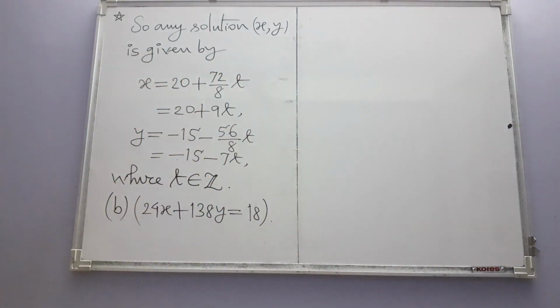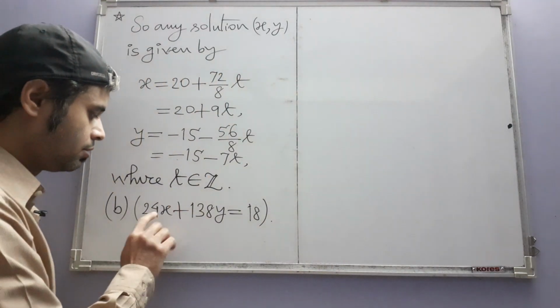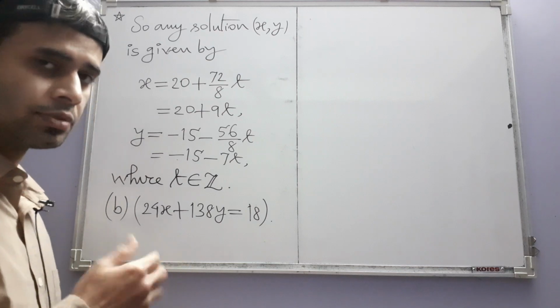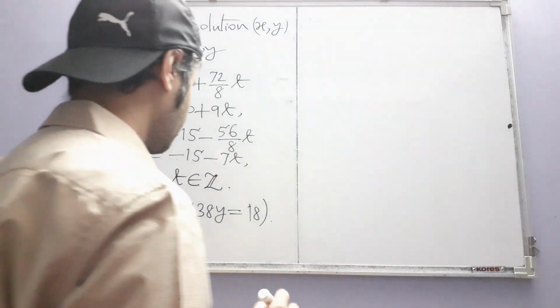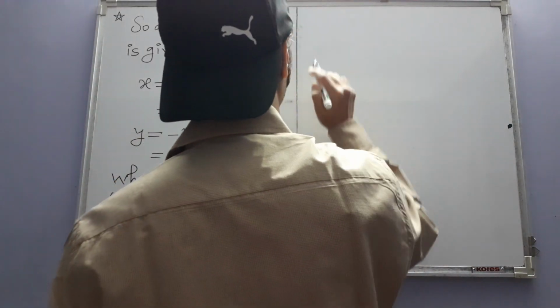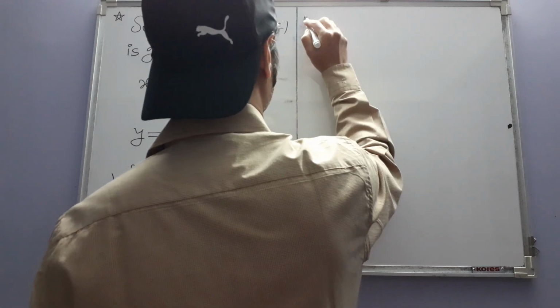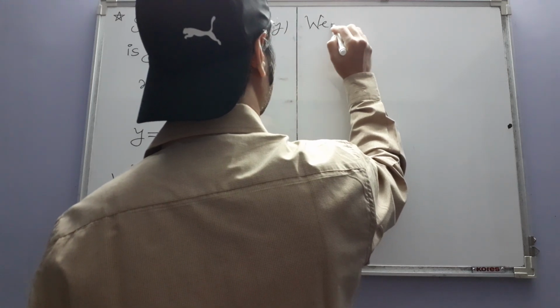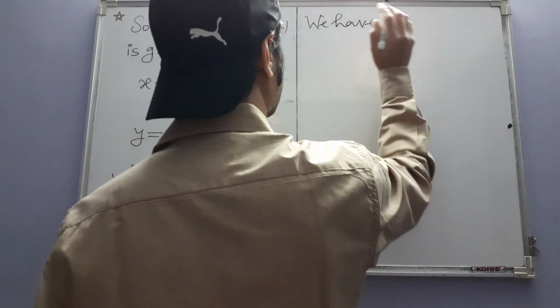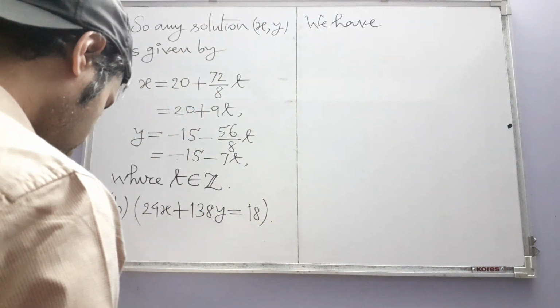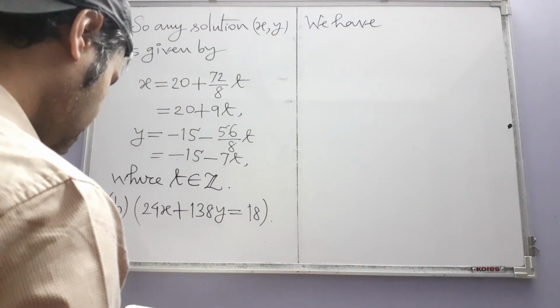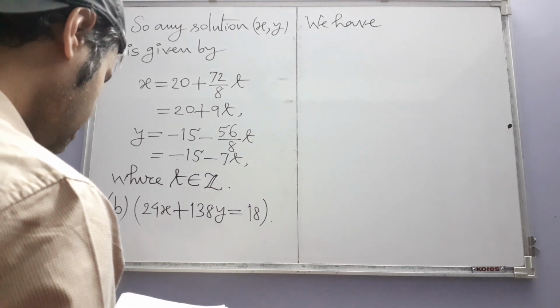So just like before, we first go through the procedure of our Euclidean algorithm in order to find the GCD. We have, so the relevant set of equations in this case is this.